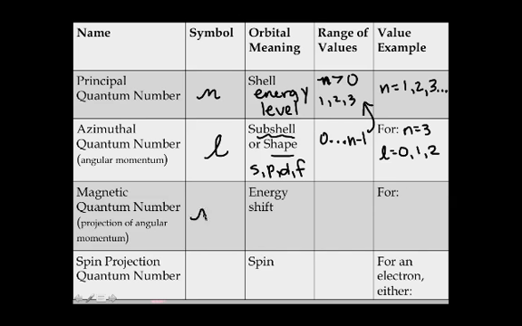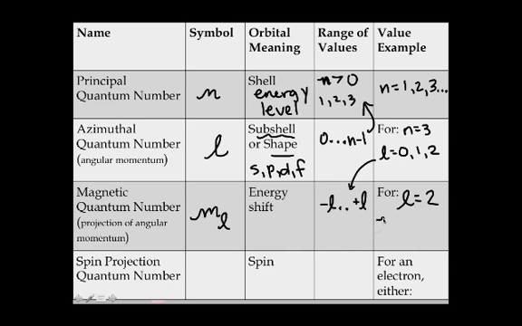Now the magnetic quantum number has the symbol m sub L. This describes the energy shift for our electron, and it can have values that range from negative L up to positive L. So the value that we have for the orbital in L describes what we get for the magnetic quantum number. So for an L that's equal to 2, what could we possibly have for m sub L?